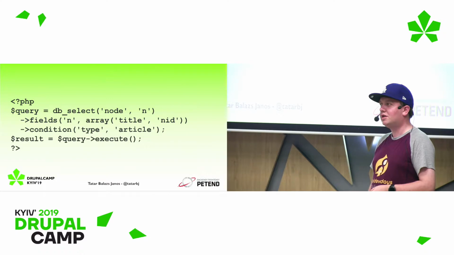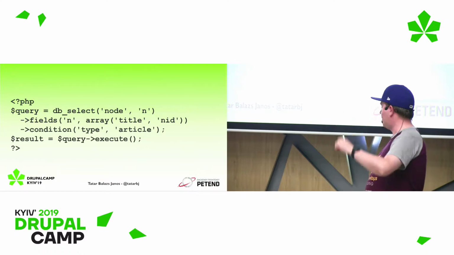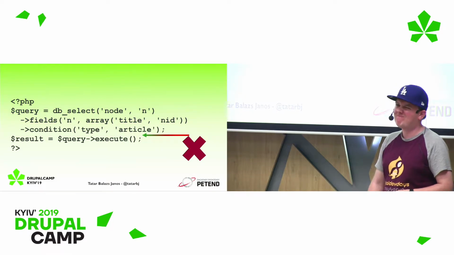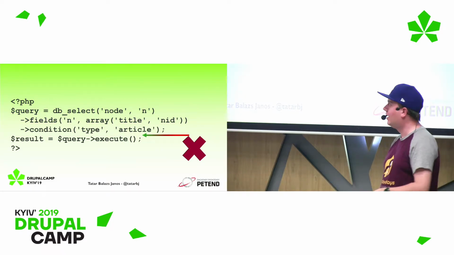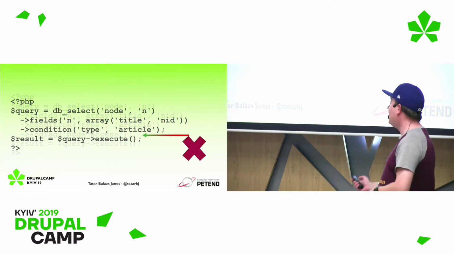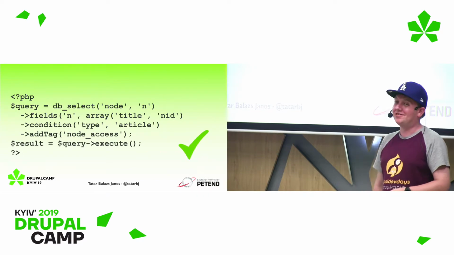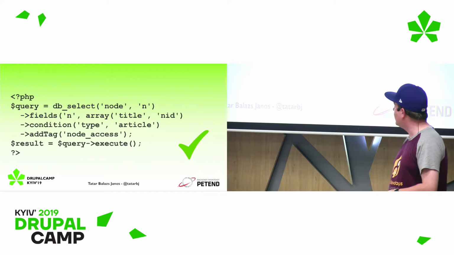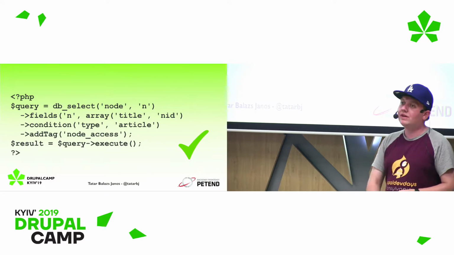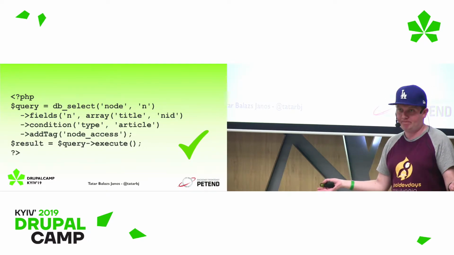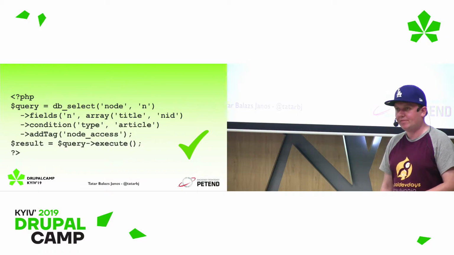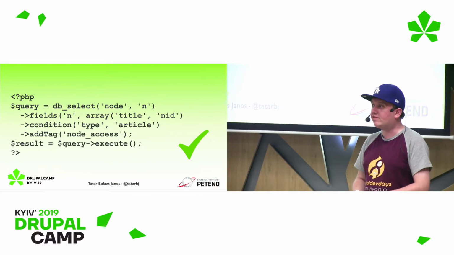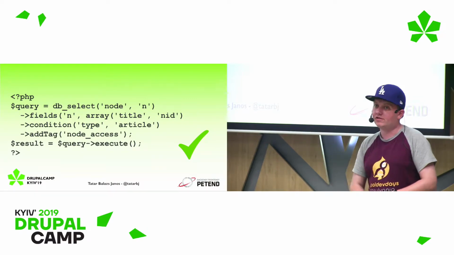Basically, only one person will check the number. Yeah, so, okay, two. Sorry, no. Please, in these cases, always use node access. Because the problem here is you are exposing all data, such as titles, to your users, and you can't be sure those users have access to those articles.